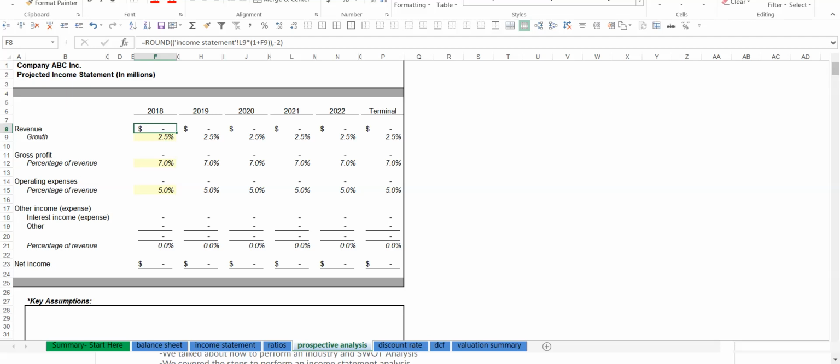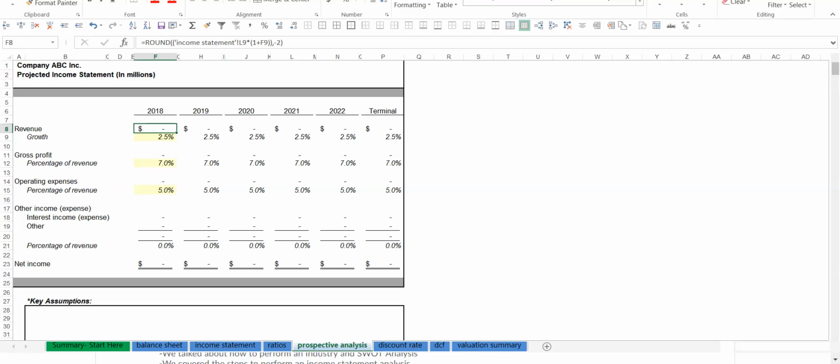These are some of the most common ones that I've used and others use: using a percentage growth as a metric, and also using a percentage of sales for expenses or for gross profit as a metric.